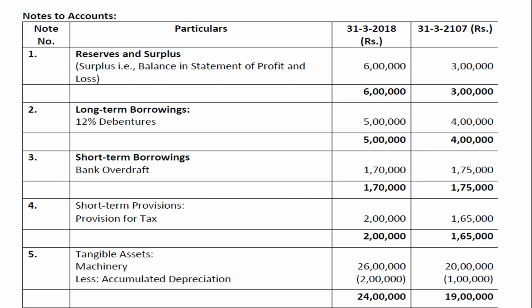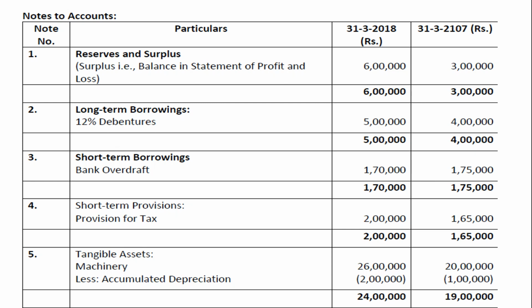Now see, in the tangible assets, note number 5, they have given the detail that the tangible assets is represented by machinery less accumulated depreciation. So they are maintaining the machinery at cost and all the depreciation related to that machinery is being accumulated separately.